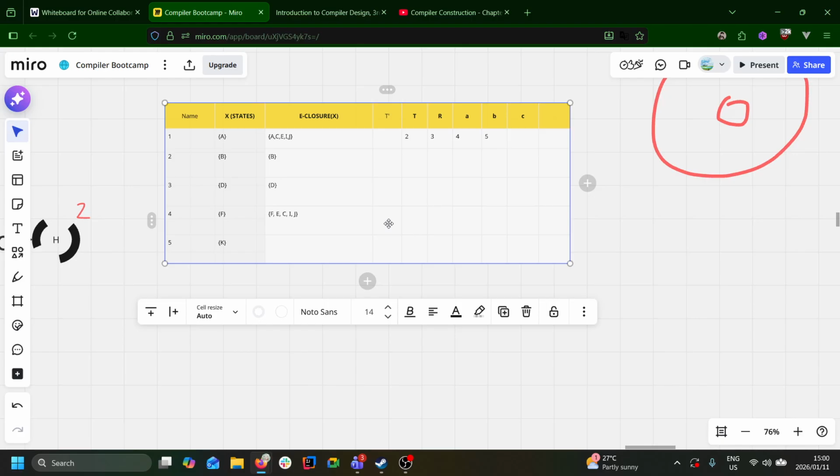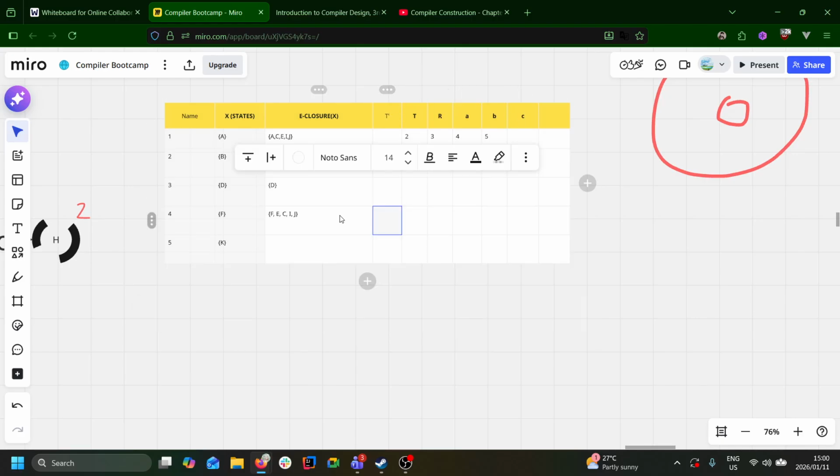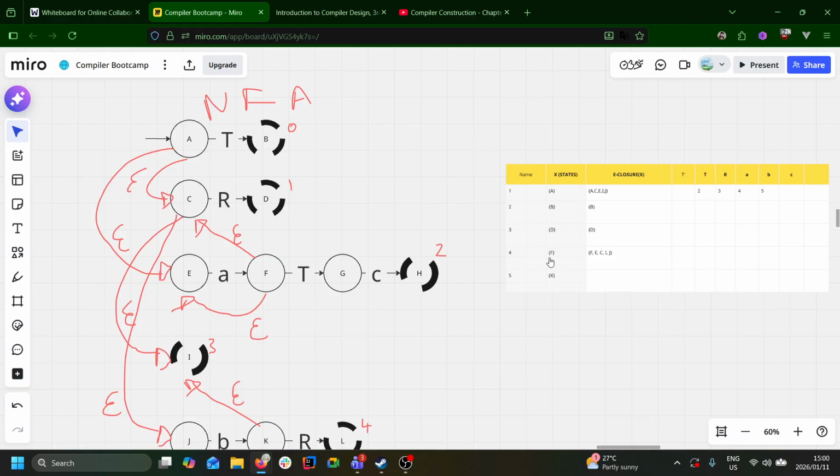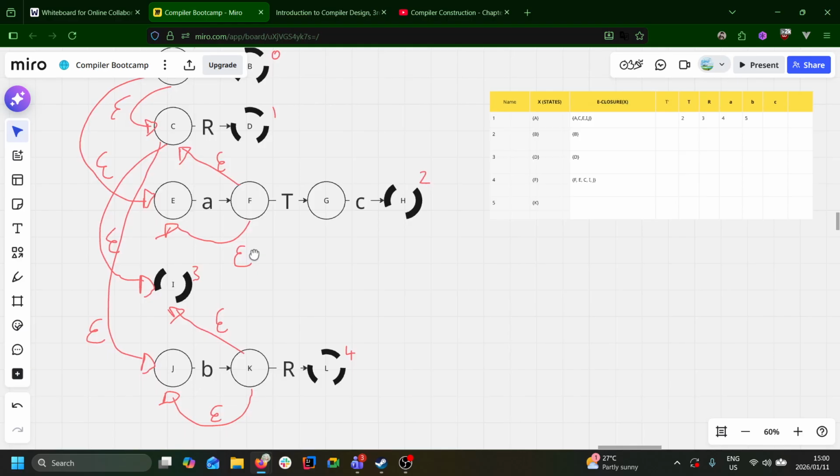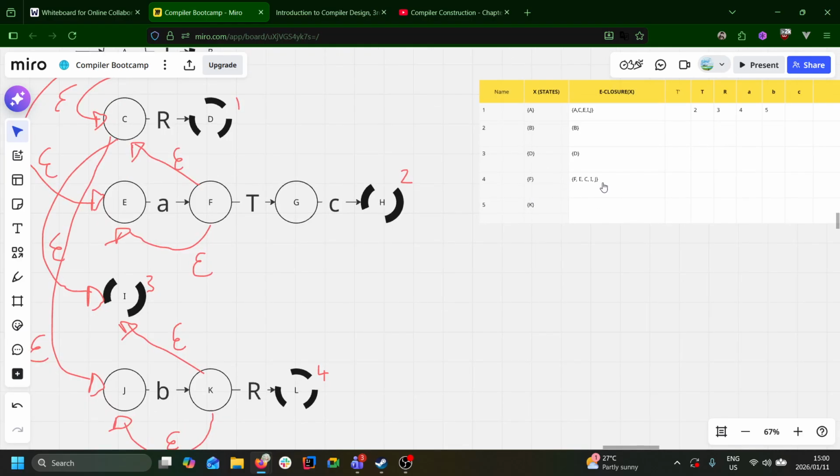And now we just do the same thing. What are the transitions we can do with these? Is there a transition for T prime? No, there isn't. Is there a transition for T from these states? Doesn't look like it. Let me see. T. Oh, so it's F. F can take us to G, right? And G does not appear anywhere over here.